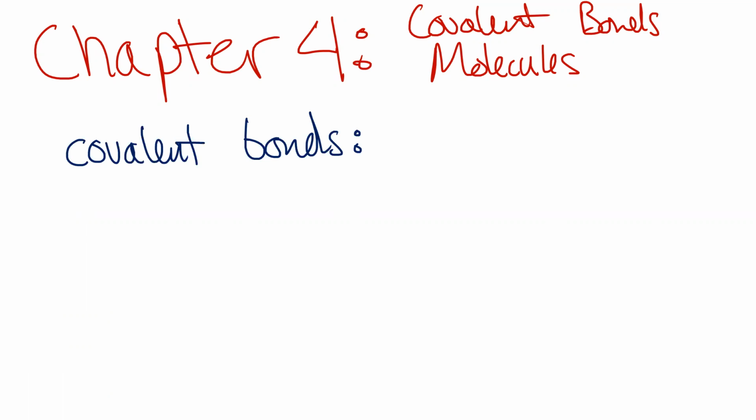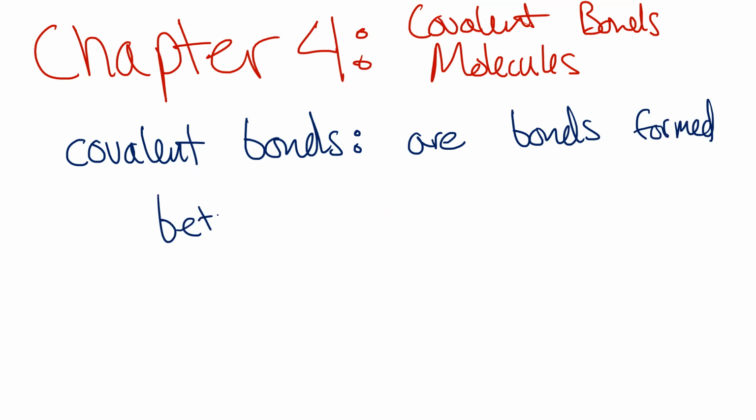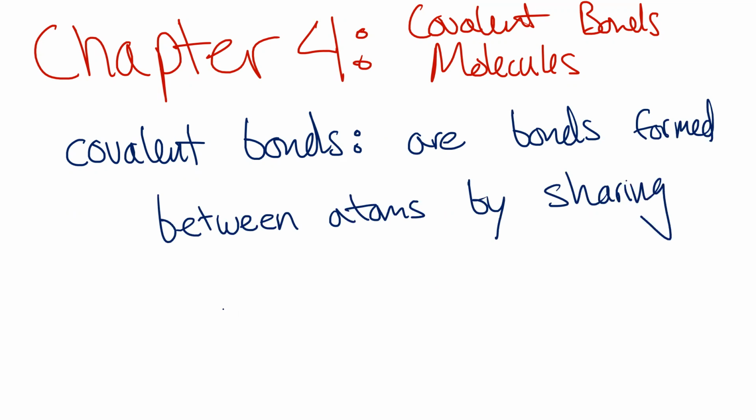The reason I emphasize that is covalent bonds are bonds formed between atoms by sharing electrons. This is not a transfer of electrons. One of the biggest differences between a covalent bond versus an ionic bond is the fact that there is no transfer.